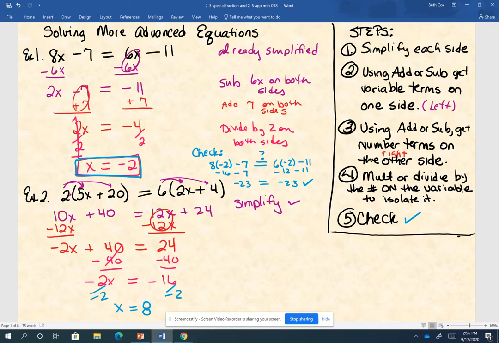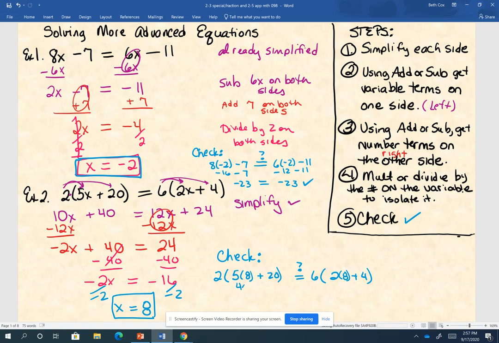Okay, now I didn't write down all my steps this time, but I did the same steps, and I could check it. I take the 8 and I put it into the original problem and see if it works out. See if it really is equal.